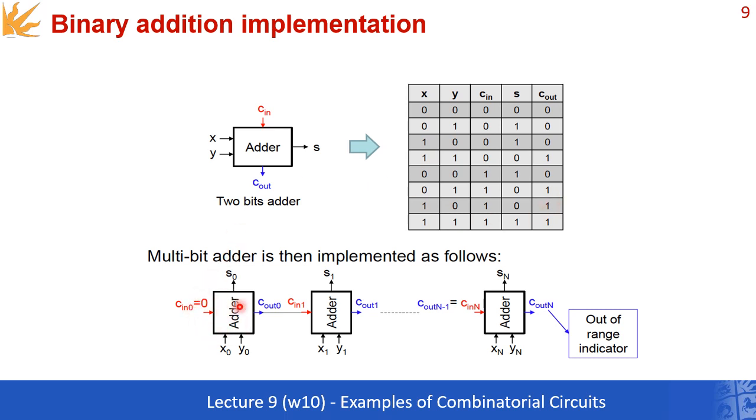And this is how the addition would work, by chaining together the others. At the end, there will be an out-of-range indicator, which indicates that you need to carry out 1 bit at the end, but we suppose here that there is not enough memory for extracting that 1. So in this case, as you know, we got a buffer overflow.